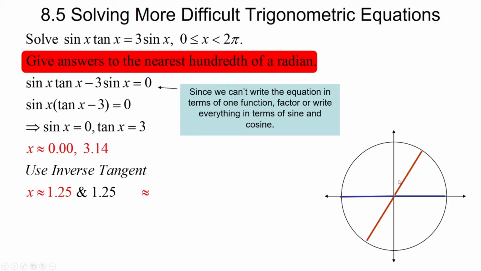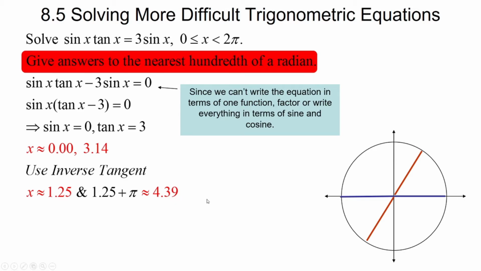And then add pi to that, and there I am at this angle right there. And let's punch that out. 1.25 plus pi. I'm going to go second answer, my last answer, plus second pi. And I am getting 4.39. 4.39 radians. There we go.